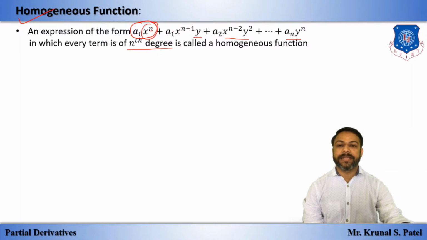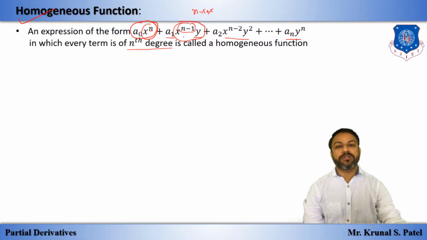That means n degree. Now this is the second term, and whenever we are taking the degrees, we have to take x and y both, because we are taking the degree of the entire term. Here a1 is constant, so we will not consider a1, but the power of x is n minus 1 and the power of y is 1. So the total power, n minus 1 plus 1, gives n.